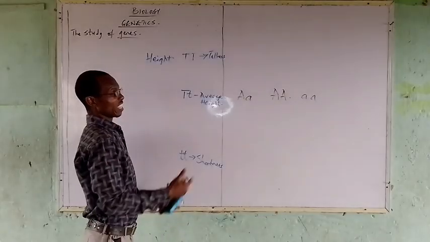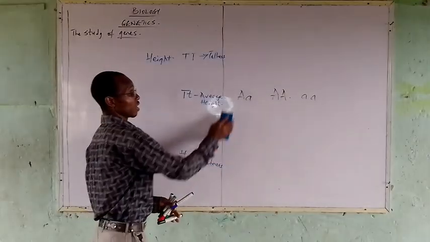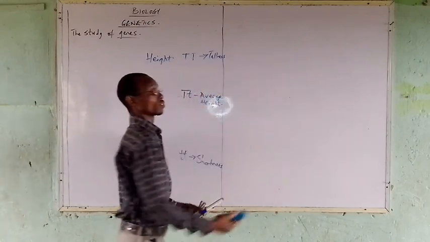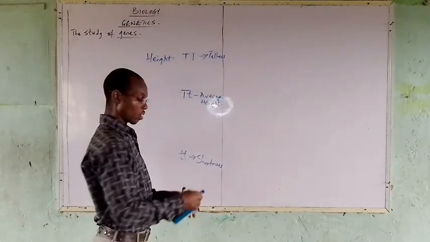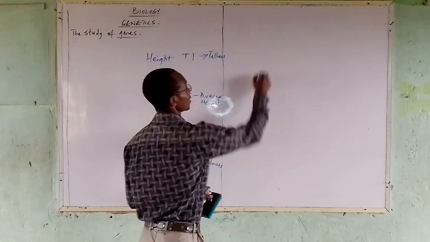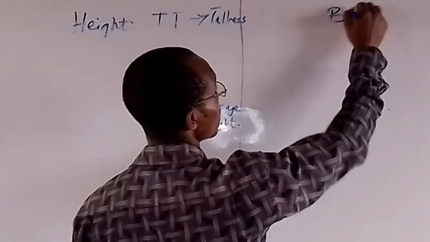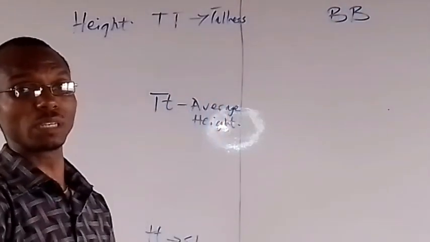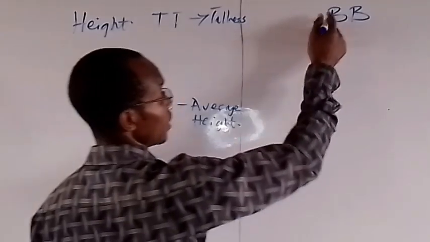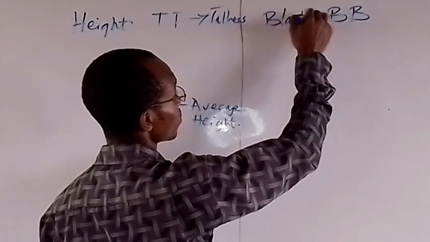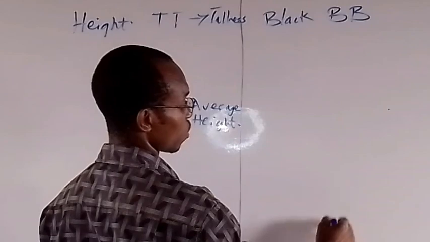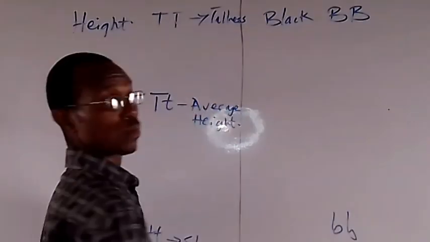So that is it. If I want to use this to depict something else, let's assume I want to talk about skin color. I could be using this as skin color. Let's say I'm using capital B as dominant black. It means this is black. And the extreme opposite of black, I'm using small b.